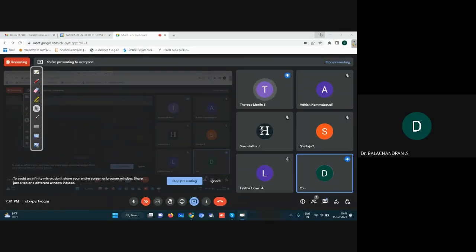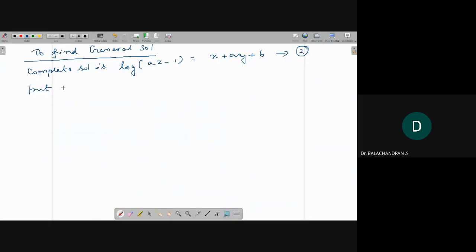Put b equal to f of a in equation 2. We get log of az minus 1 is equal to x plus ay plus b, where b is f of a. I call this equation 3.